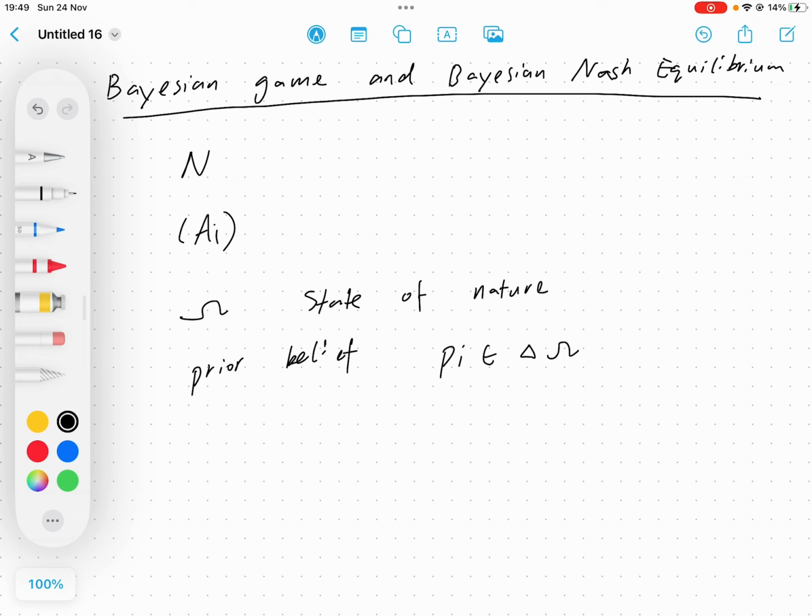We use this delta to denote the set of all distributions over that. Okay, so this is just a probability, right? A probability measure, and normally different players could have different prior beliefs. So in a game with two players, the two players might not have exactly the same prior belief, and of course they might not have the same posterior beliefs.